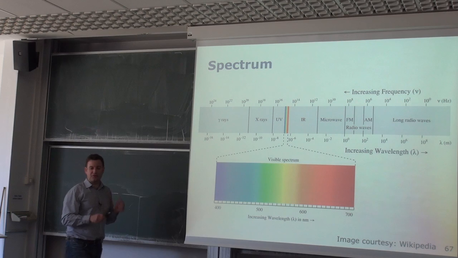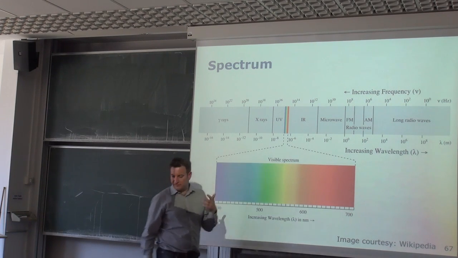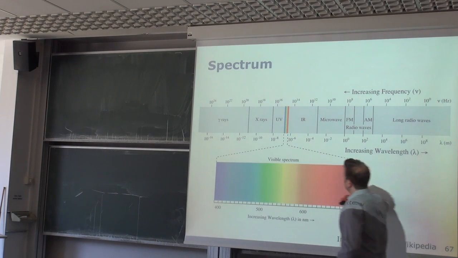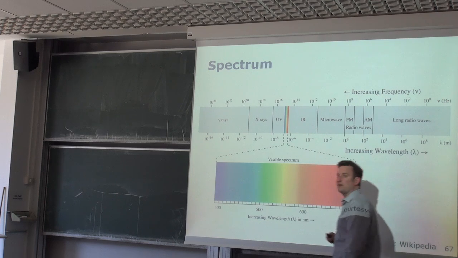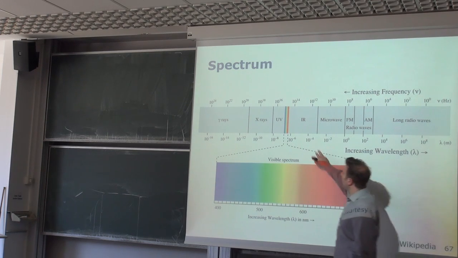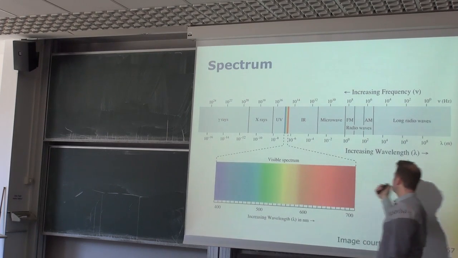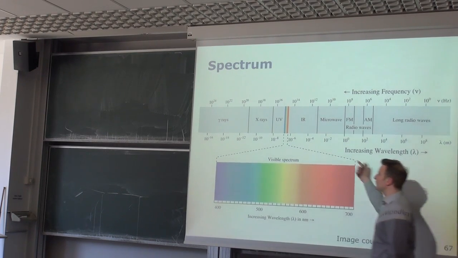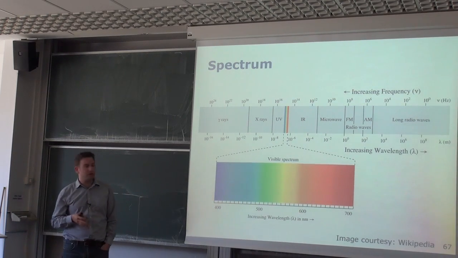And if we look at the whole spectrum of electromagnetic radiation, we can see that the visible spectrum is just a very, very small part that we can see over here. For example, infrared, which is everything that comes here, is also something that we quite often use, for example, if we monitor vegetation.